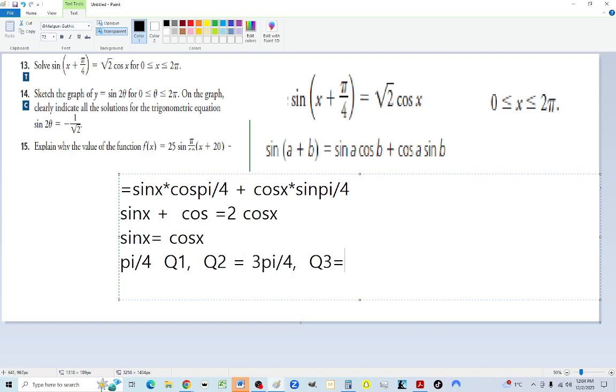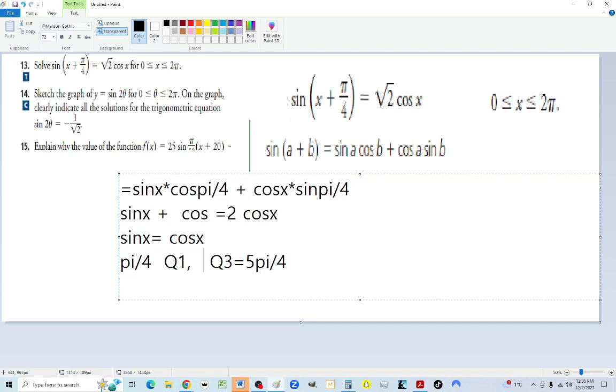In quadrant 3, it's going to be equal at 5 pi over 4. And in quadrant 4, they're going to be equal at 7 pi over 4. Except in quadrant 4, cos is positive, sine is negative. In quadrant 3, they're both negative, so this is true. In quadrant 2, cos is negative.